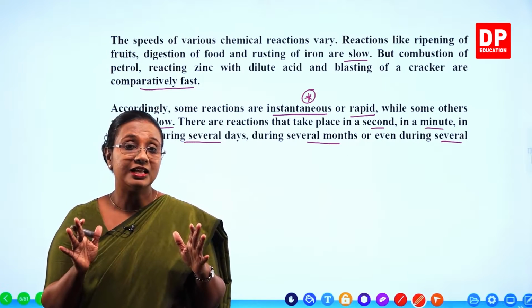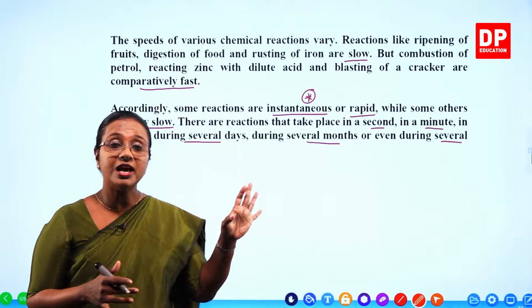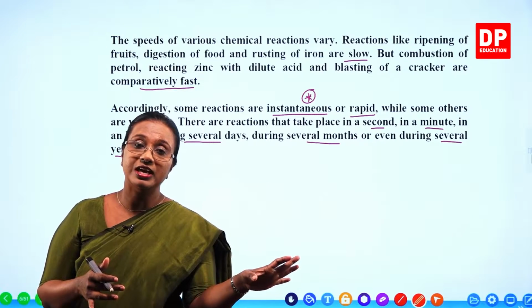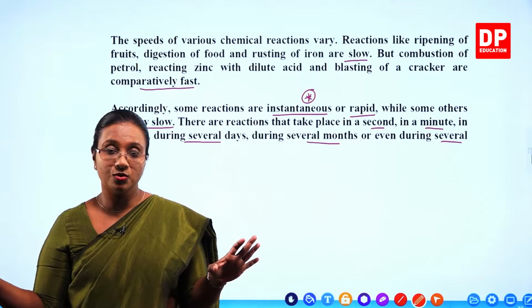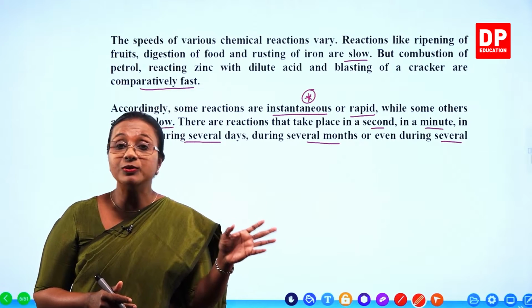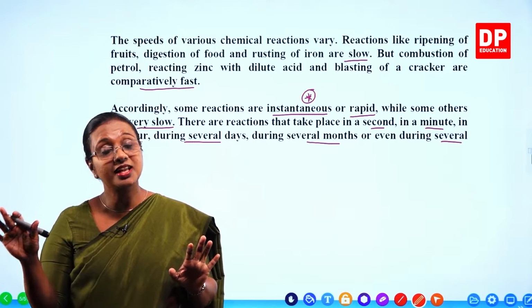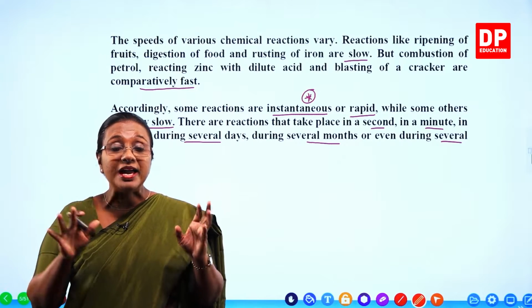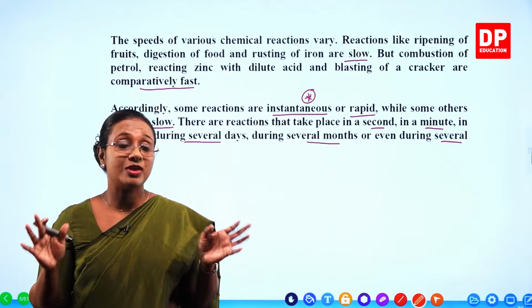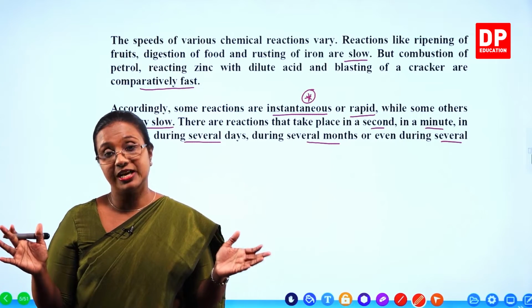So like that, we have fast reactions and slow reactions. Compared to a reaction that takes place in 2-3 hours, a reaction that takes place in months is slow. But compared to a reaction that takes place within minutes, a reaction that takes 5 hours is slow. So based on what type of reactions we are comparing, the slow and fast nature will change.